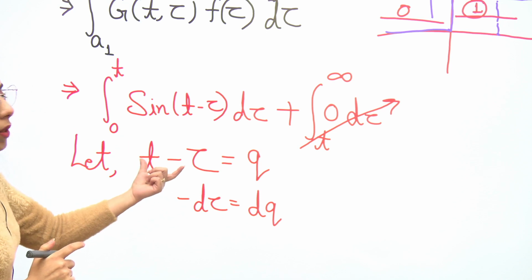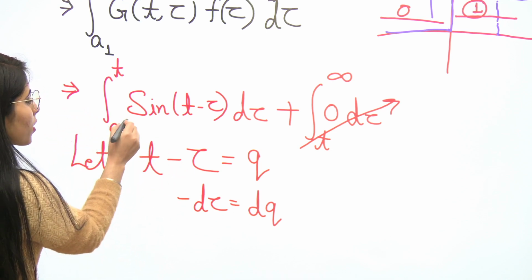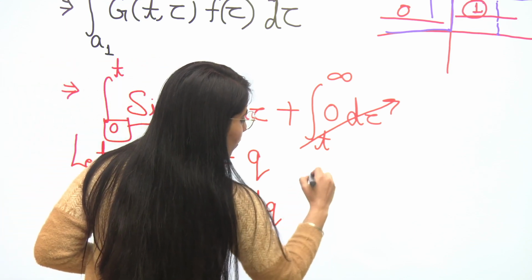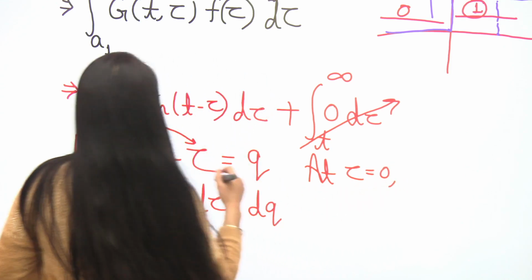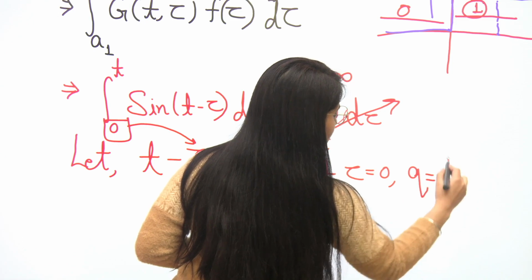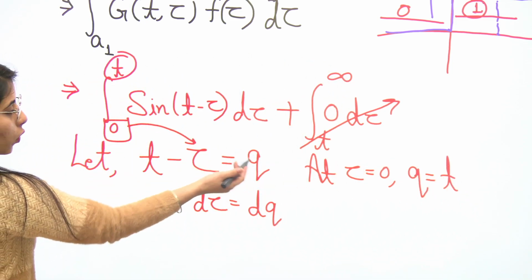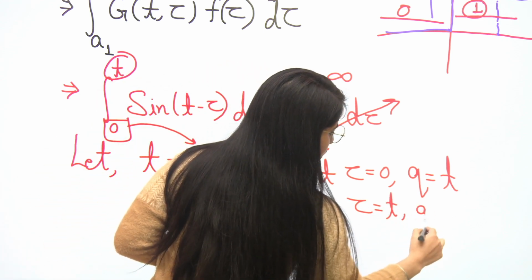Also, for the limits, when you put tau is equal to 0, the q value will be equal to t. And at tau is equal to t, the value of q will be 0.